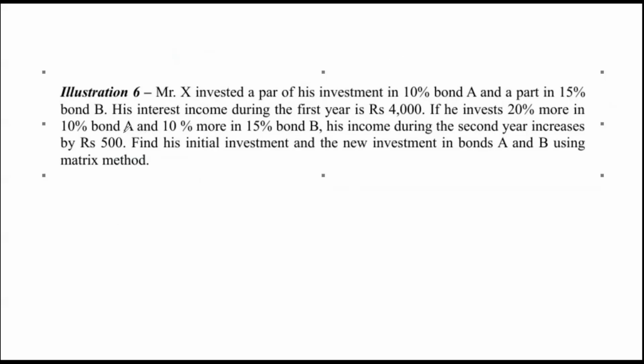He is increasing his investment by 20% on this type of bond, by 10% on this type of bond. And he's going to earn $500 or 500 rupees more, right? So we want to know what was the amount he invested the first year, and in the second year, how much did he invest?